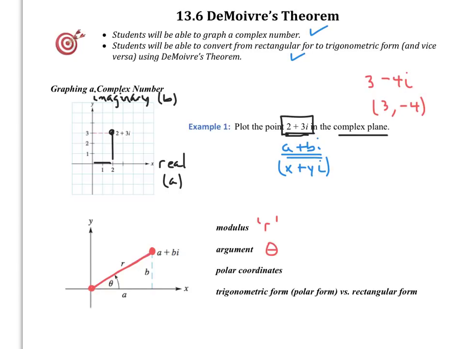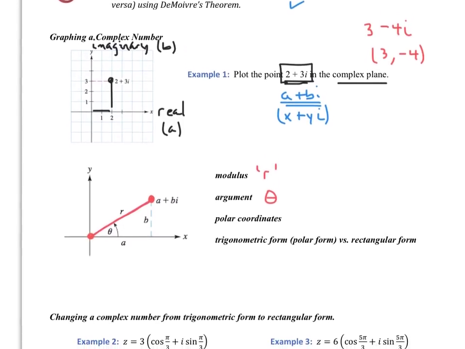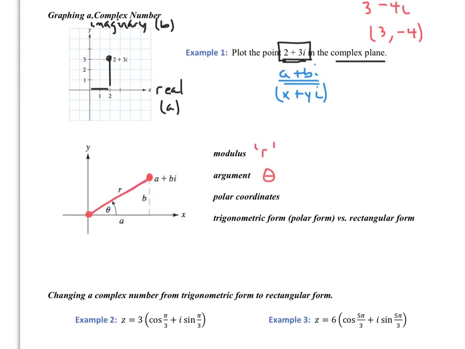Then we're going to talk about our polar coordinates and converting from polar to rectangular form. So trigonometric form or polar form is of the form z equal to r times cosine of theta plus i sine theta. Whereas rectangular form is what you see above, and that is z equal to a plus bi.